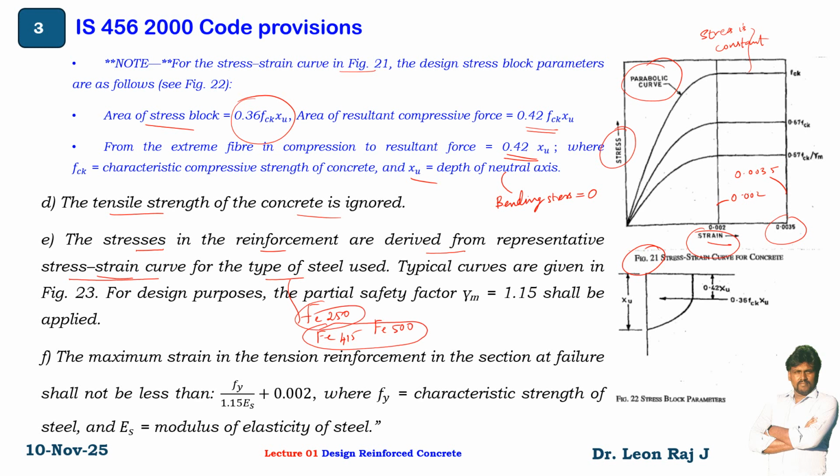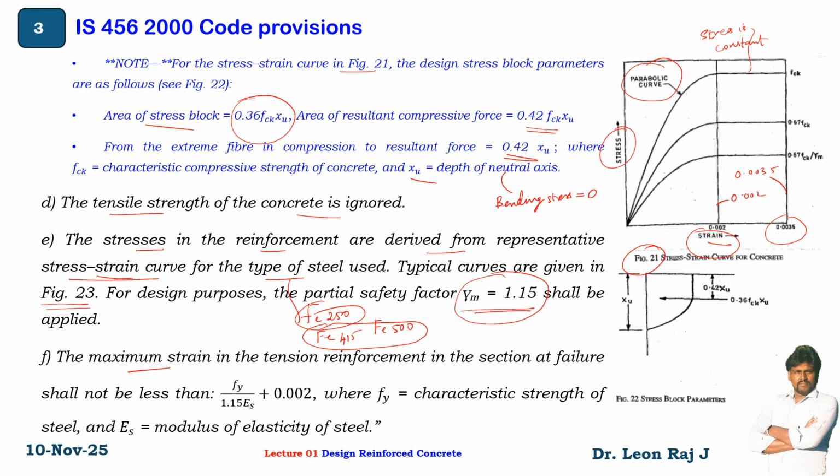Typical curves are given in figure 23 of IS 456. For design purposes, the partial safety factor for concrete is 1.5, and for steel the partial safety factor is 1.15.